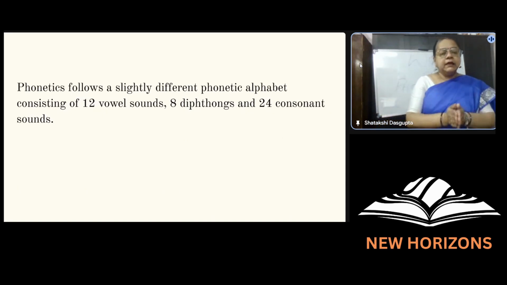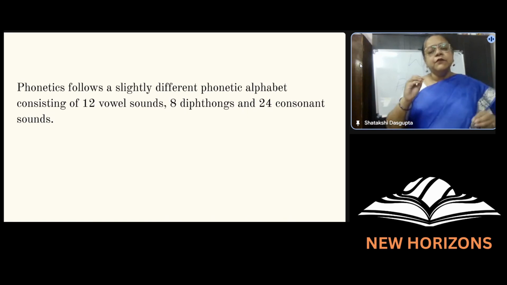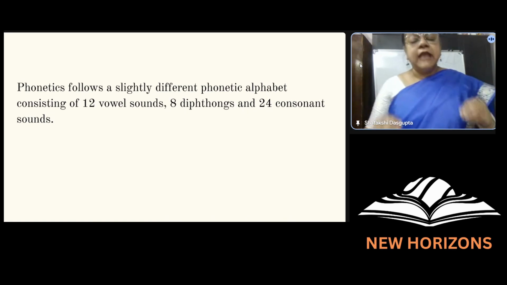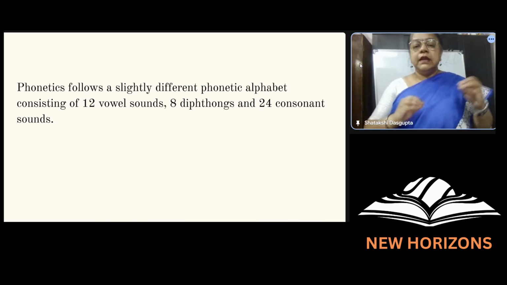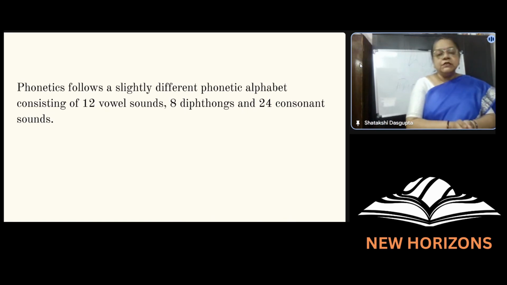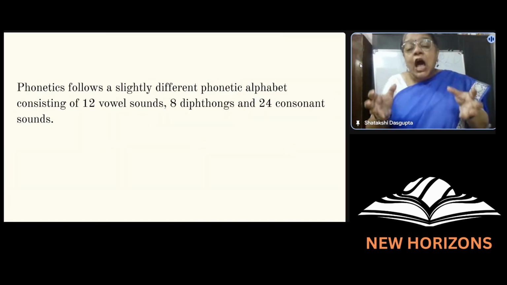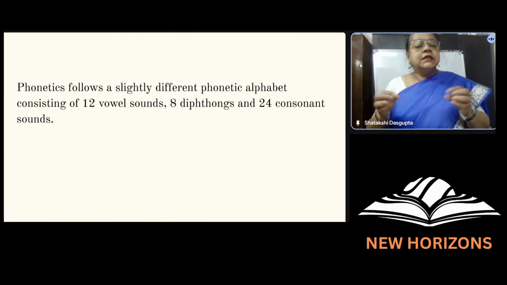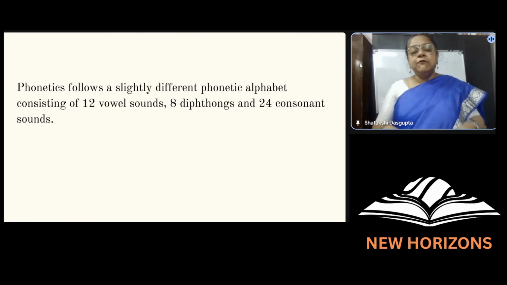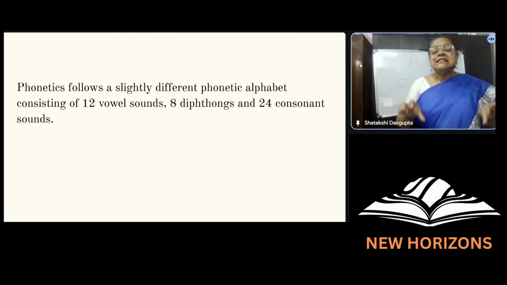The phonetic transcriptions follow a slightly different alphabet pattern than the English language. In English, you have 5 vowels and 21 consonants, like you just now told. But in phonetics, we have 12 vowel sounds, 8 diphthongs, and 24 consonant sounds.